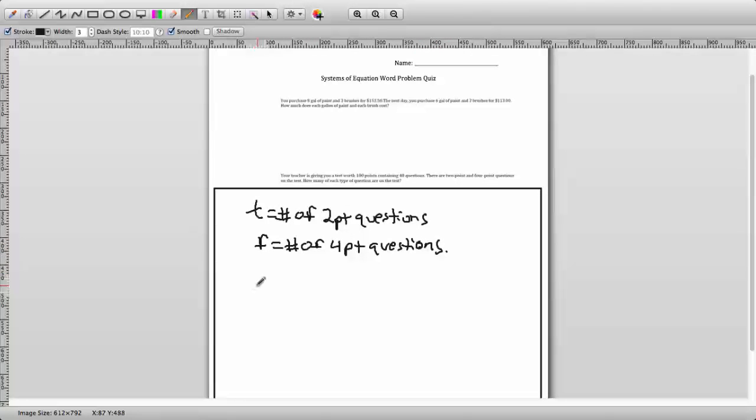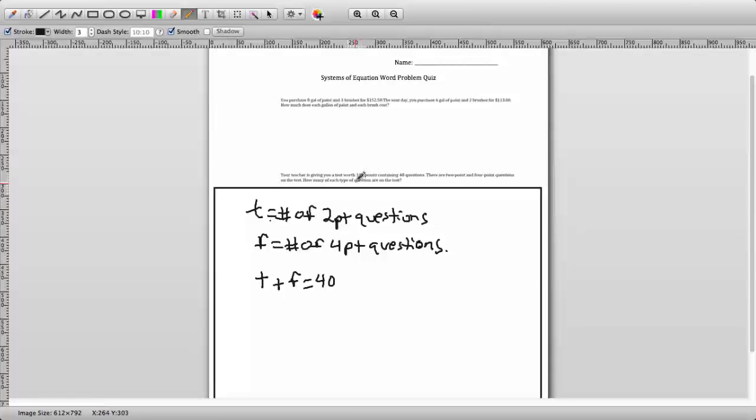Now we need to write 2 equations. It says the total number of questions is 40. So our 2-point questions and our 4-point questions together are 40. So in this case, T plus F will be equal to 40.